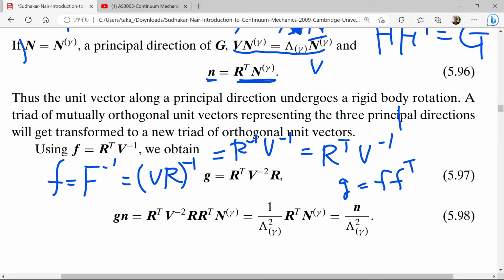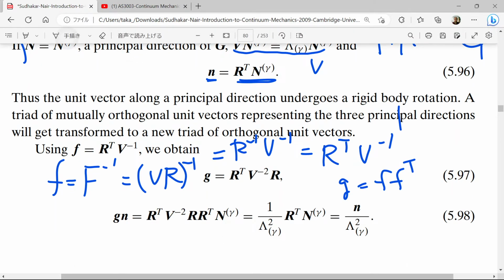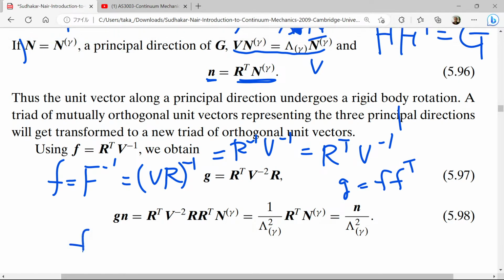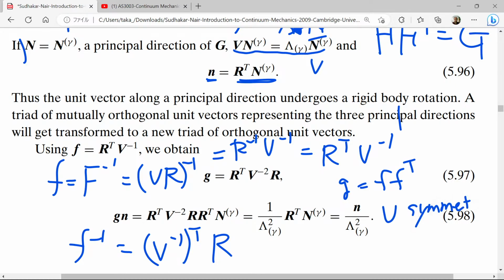And then F transpose is V inverse transpose R. Okay, so then V is a symmetric matrix.